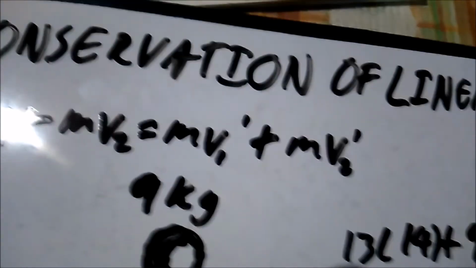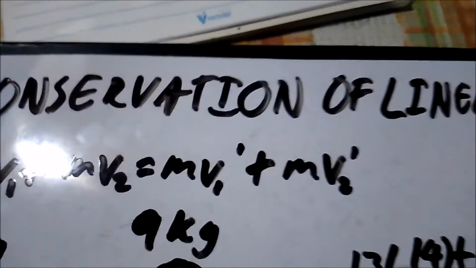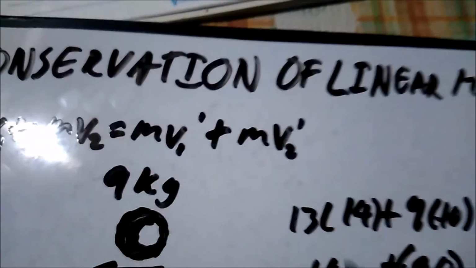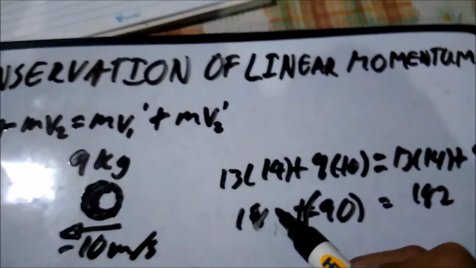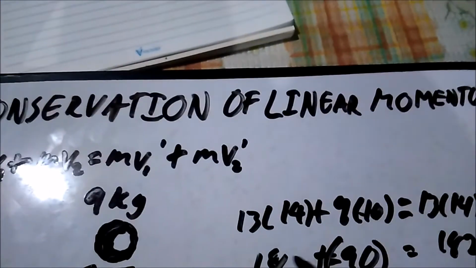This should be negative because it is going in the opposite direction, so you should write a negative sign. That is how conservation of momentum works. We're going to see if the momentum will be conserved after a collision.